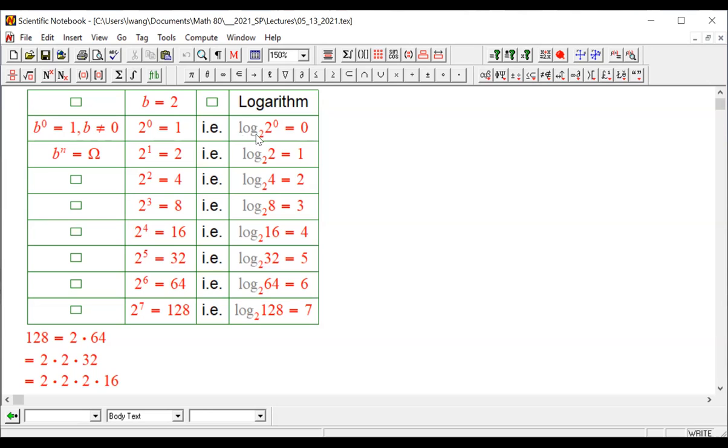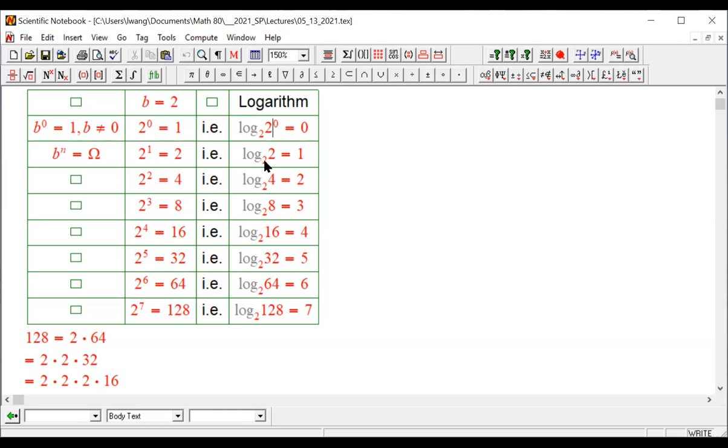When we take a logarithm of 2 to the power 0, which is 1, the answer, that power, is 0. You see that? This is the log base 2, and this is the power 2. When these two powers are the same, whatever power you have will go to the answer.